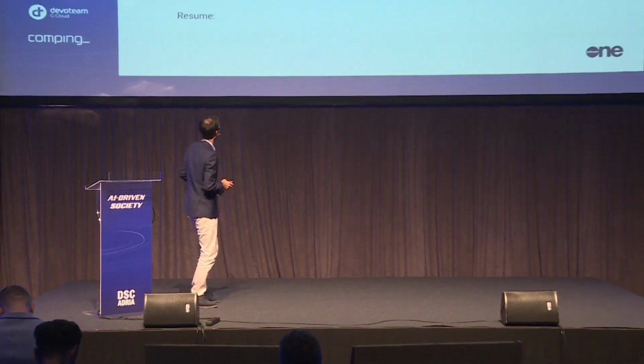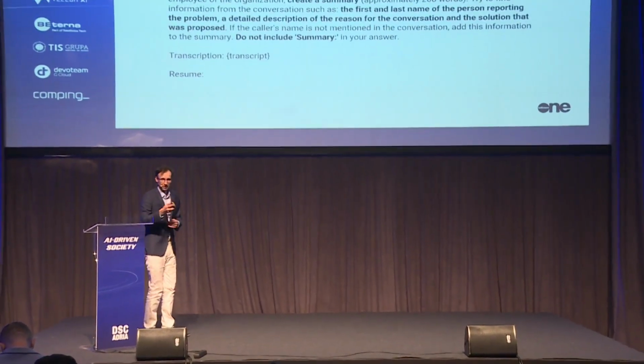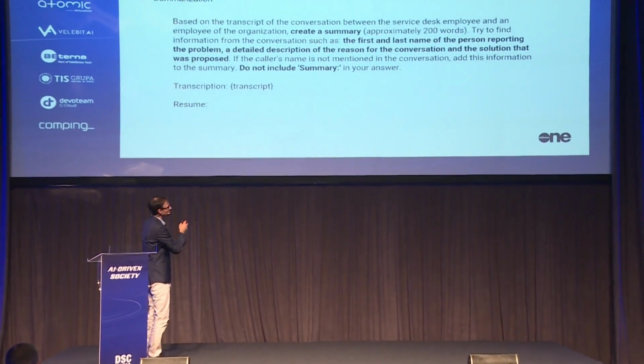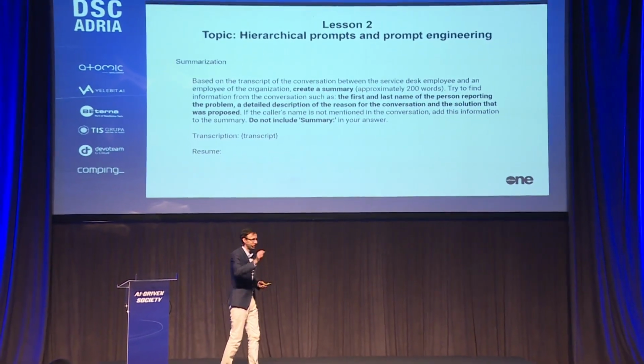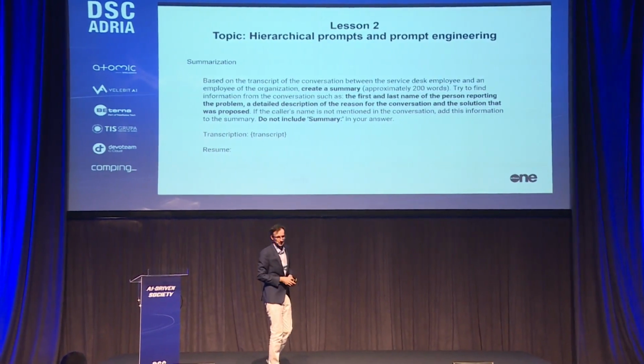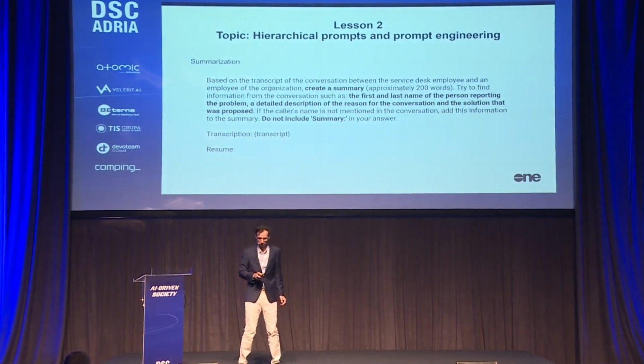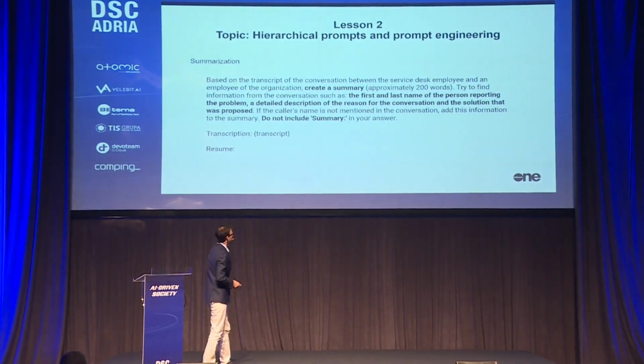Because of course, for the second, for the third line, it will be important to know what the previously tried solutions were. And about these warning signs, we also have: do not include summary, because sometimes the summary has been put into the beginning of the response from the LLM.